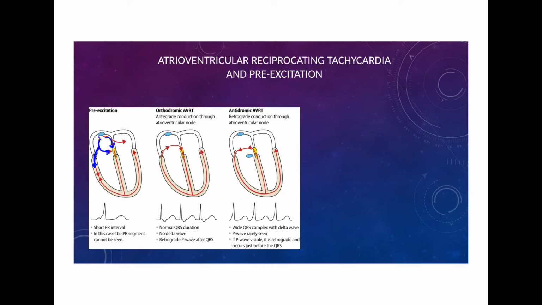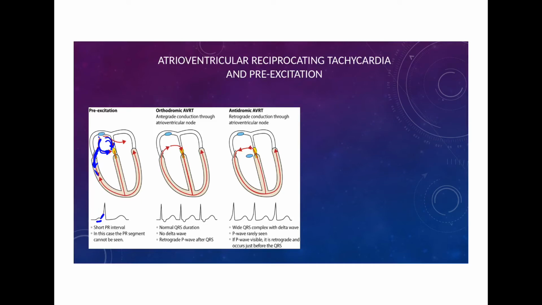Because of that, they don't have the slowing down effect that the AV node usually provides, and so there'll be a short P to R interval, as you see there, and there'll be an early slurring of the QRS complex that's caused by early depolarization of this part of the myocardium, and that causes this slurring, which is called a delta wave.